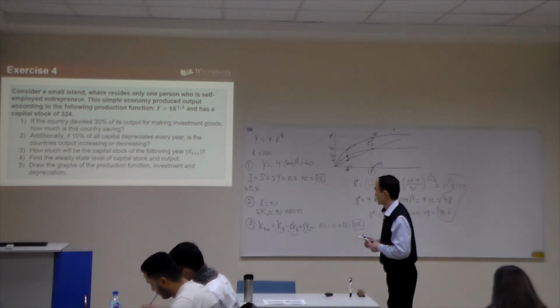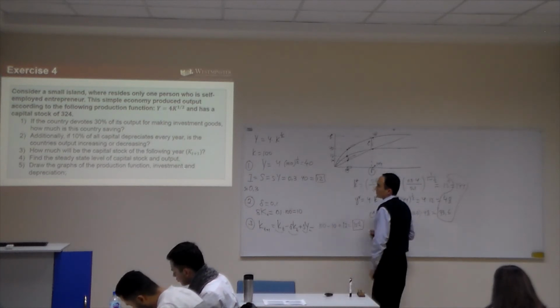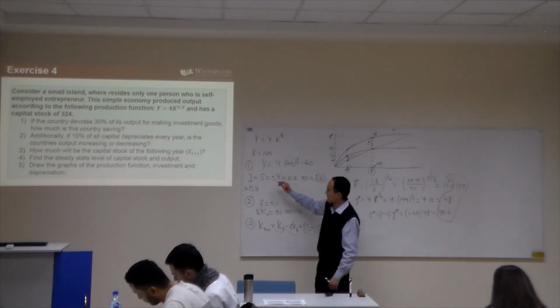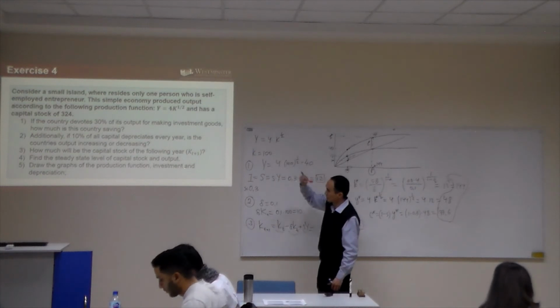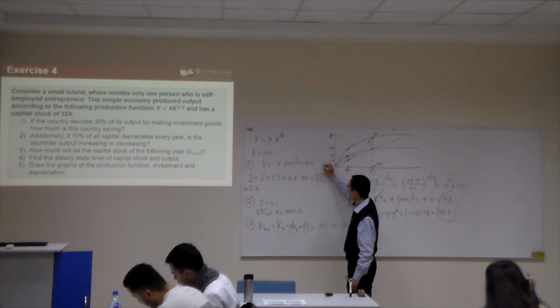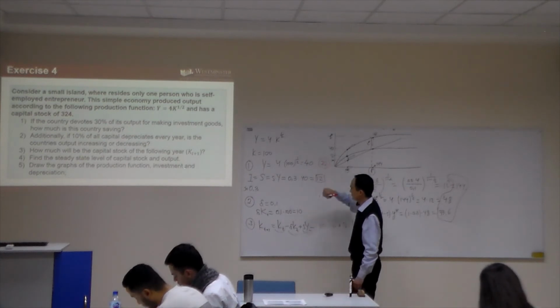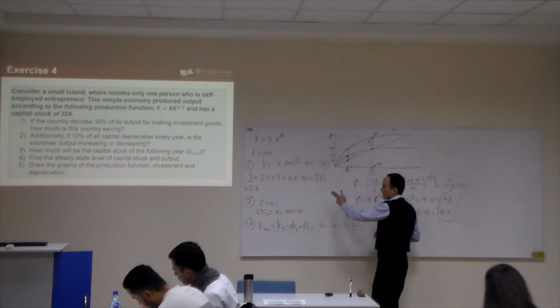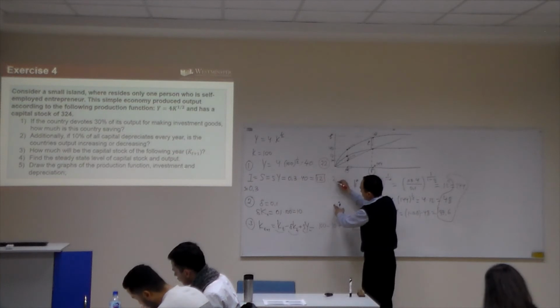Okay, got some solutions. What is Robinson's output when the capital stock was equal to 324? 72, right? Output is 72. What about the investment he's making? 21.6, okay.